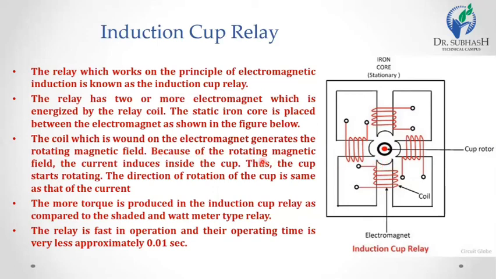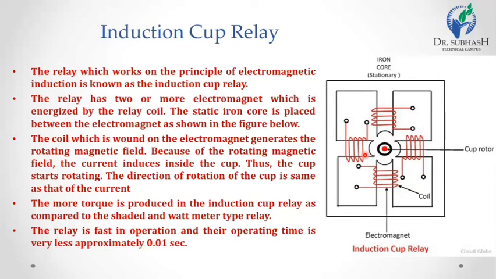Because of the rotating magnetic field, current is induced inside the cup. Thus, the cup starts rotating in the forward or reverse direction. The direction of rotation of the cup is the same as that of the current.